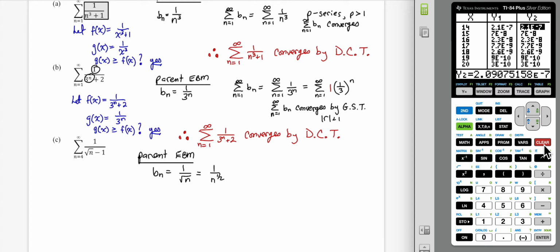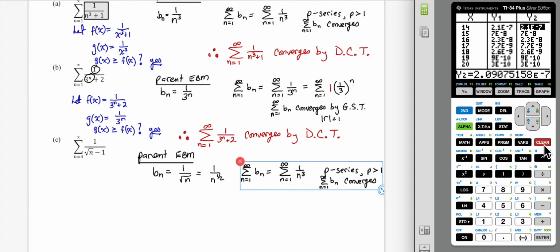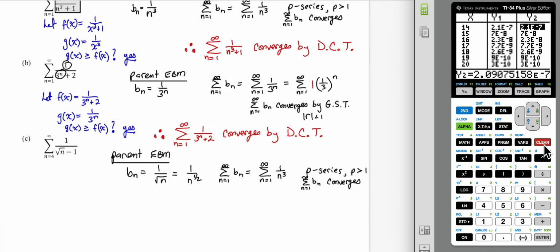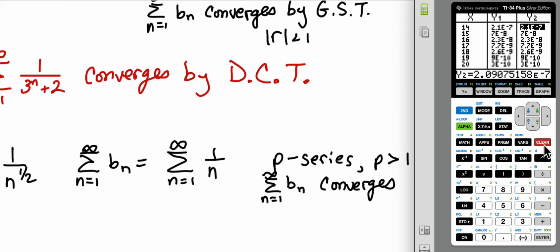Make it a little friendlier. Just stealing some of the notation here. Actually, I can steal a lot of this because it does have a p-series look to it, except the power is 1/2.